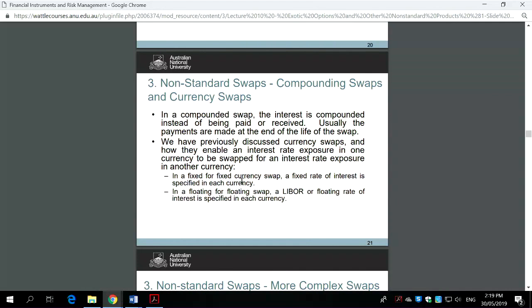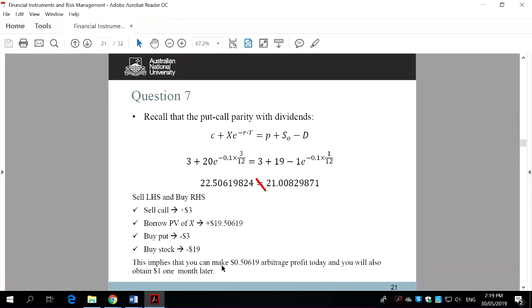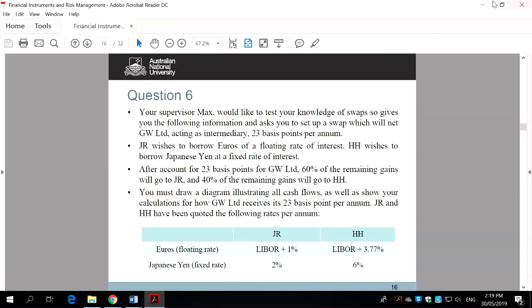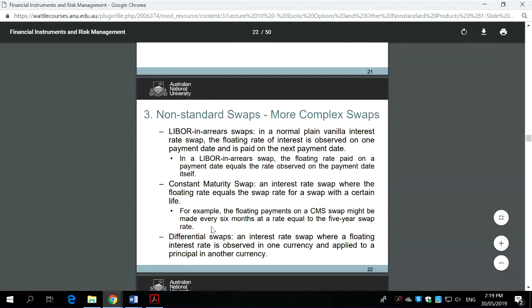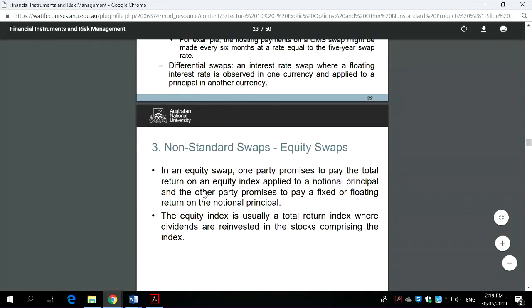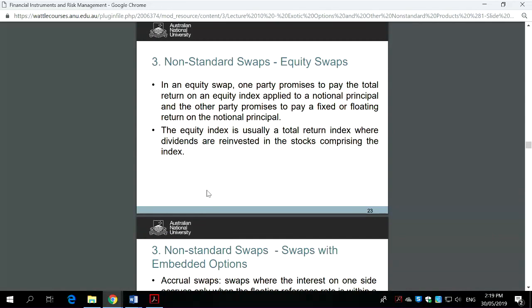So fixed for fixed currency swap or the floating for floating currency swap, you need to know that because we have just demonstrated one example of that, right? So that's this question here. For LIBOR in arrears, you don't need to know. Constant maturity swap, you don't need to know. Differential swap, you don't need to know, all right? Total return swap, yes, you need to know.